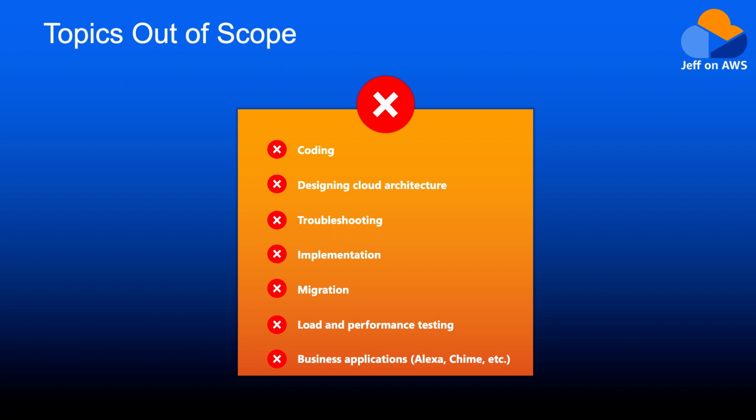You don't have to worry about load or performance testing environments, and you don't have to worry about business applications that Amazon has, such as Amazon Alexa or Chime. So just focus on the 4 domains, the topics that I'm talking about. Follow along as we cover all of these domains in later modules, but keep in mind that all of the things listed here on the screen are things that you don't have to worry about until other certification exams.